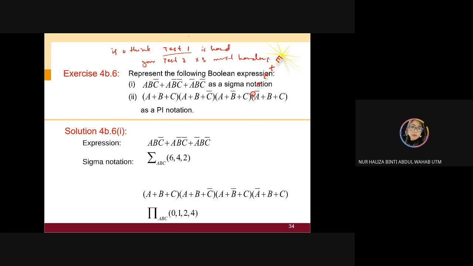So please make sure you understand directly in class. Don't just say, it's okay, I'm shy, only I don't understand, I can't ask the lecturer to repeat again. After I finish this class, maybe I'm going to check the recording. That is not a good way for you to learn. Understand directly in class. If you did not understand, just ask your lecturer directly.